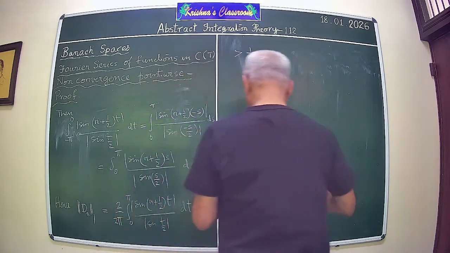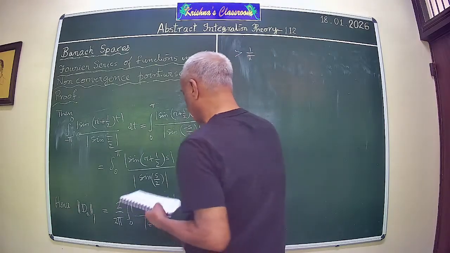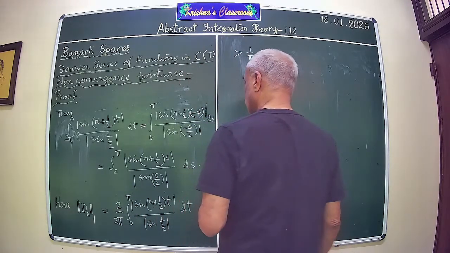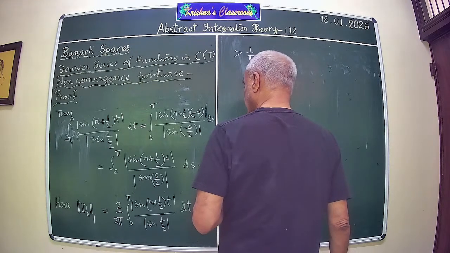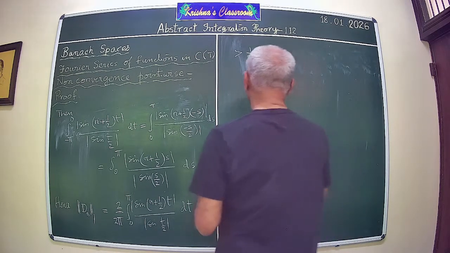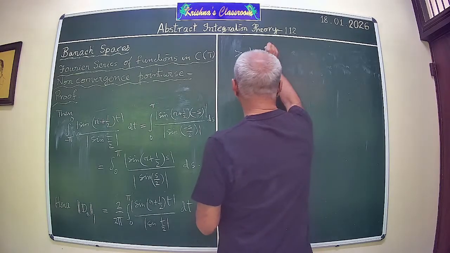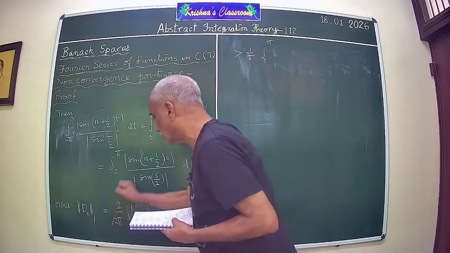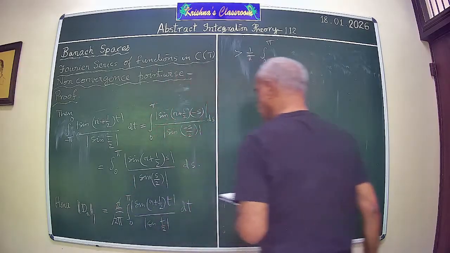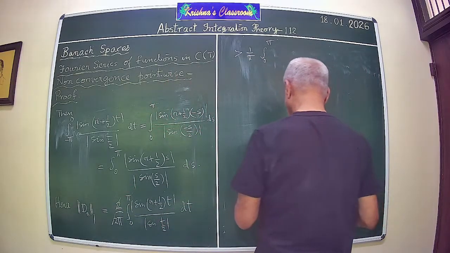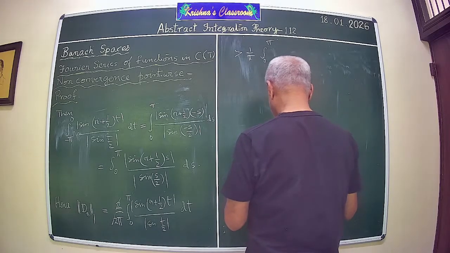So this term we estimate mod sin x is less than mod x. We make use of that, and if we make use of that, this is equal to 1 by pi 0 to pi. That there is a cancellation taking place here. 1 by pi 0 to pi.